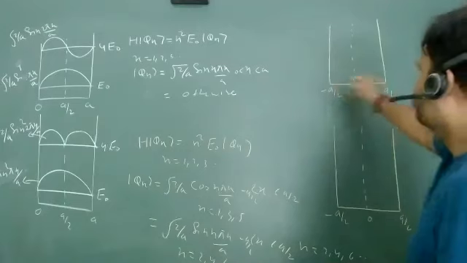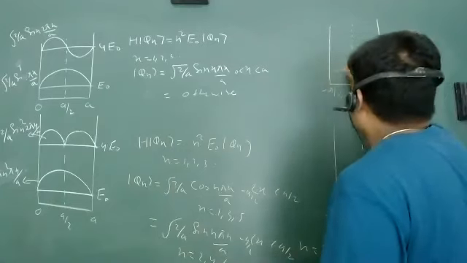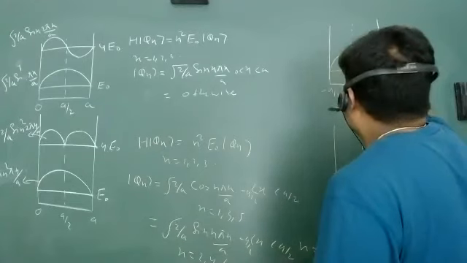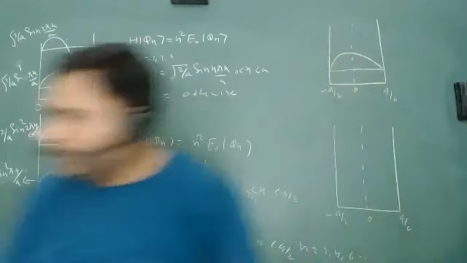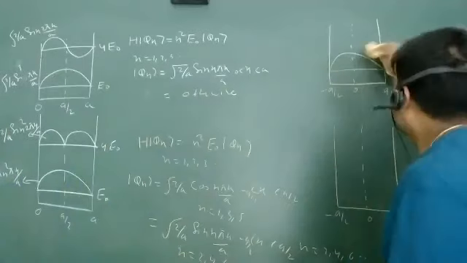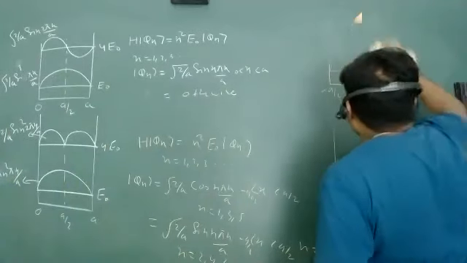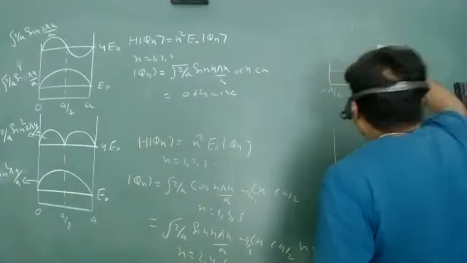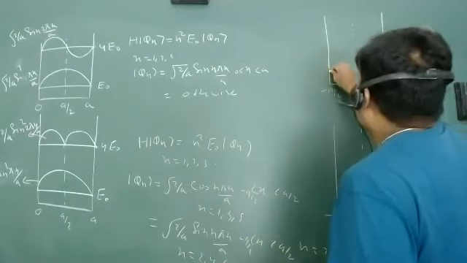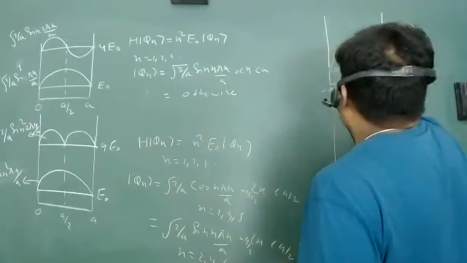Let's come to this particular system. What is your ground state? The ground state is again something like this. So I will make it a little bit beautiful. So this is all about your ground state.